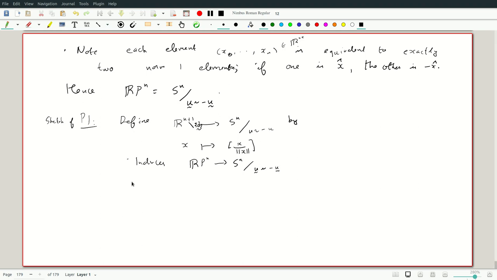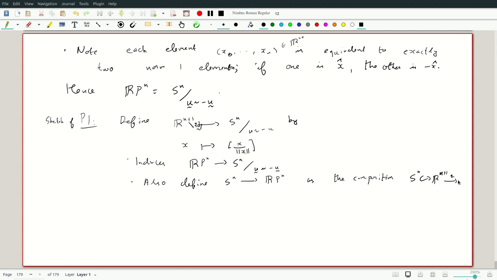And the other way, also define S^n into RP^n, given by this. How do I do it? As the composition. S^n is of course the sphere. S^n is included into R^(n+1).